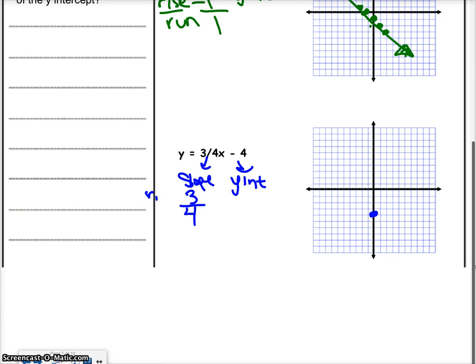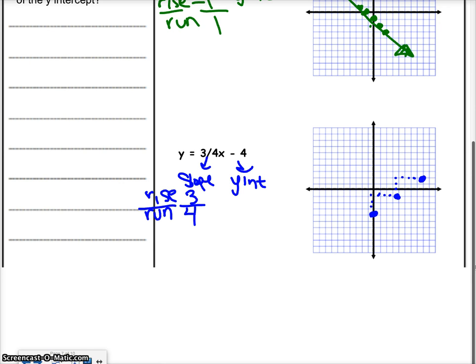That means I'm going to rise up 3 and go over 4. Rise over run. So I'm going to go up 3, 1, 2, 3, over 4, 1, 2, 3, and make the dot.